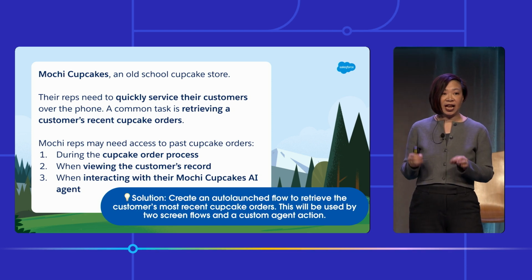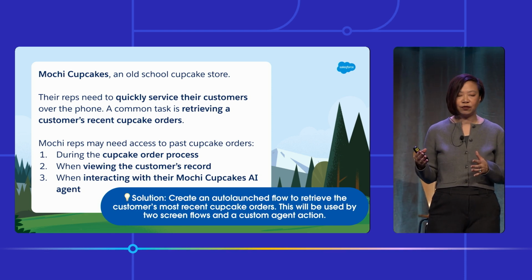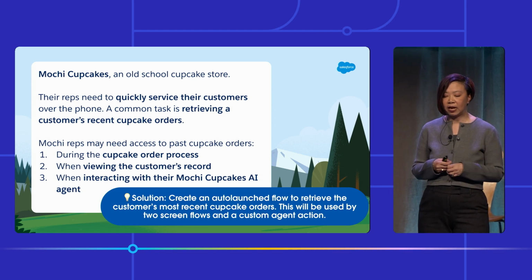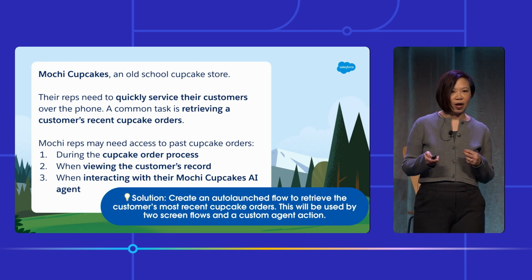The solution is a powerful single modular flow, an auto-launch flow, that retrieves the most recent cupcake orders. And this is going to be used in 2 screen flows as well as an AI agent.